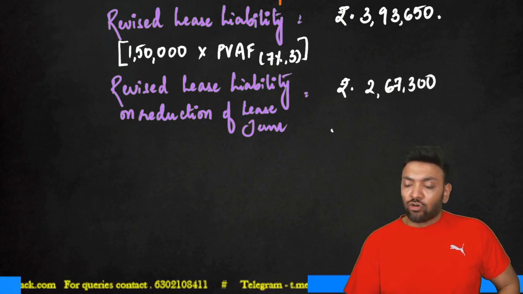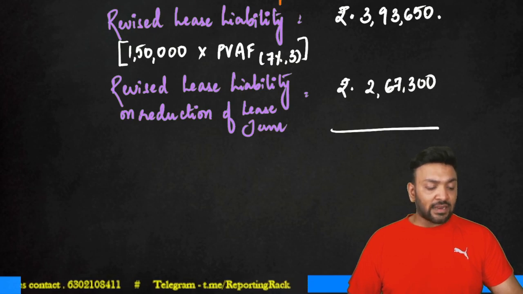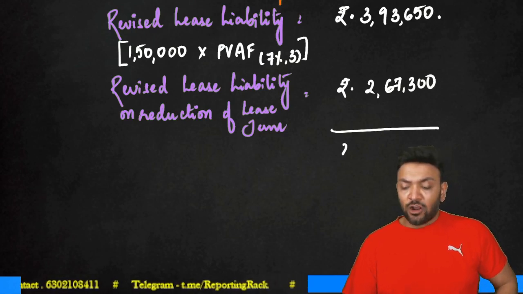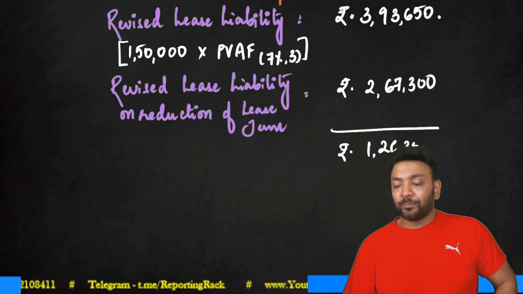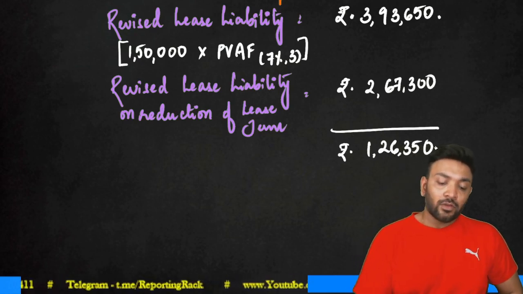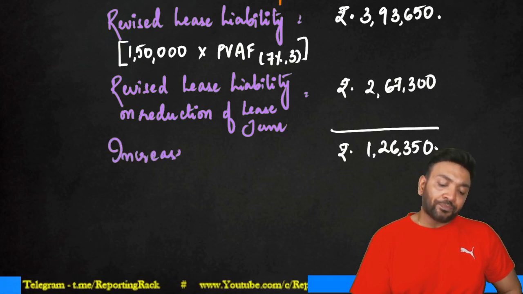So therefore, what is the amount of increase? 3,93,650 minus 2,67,300 will give me an answer of 1,26,350. This is increase in lease liability.